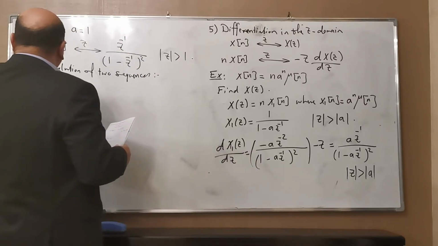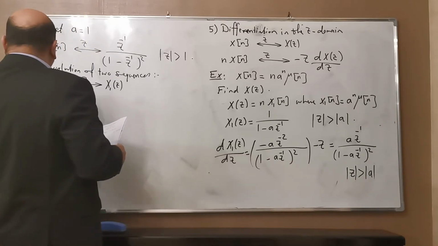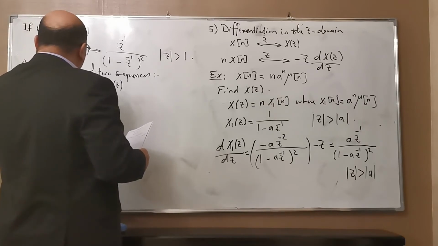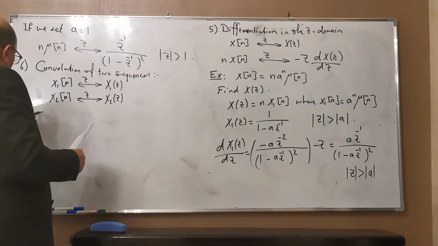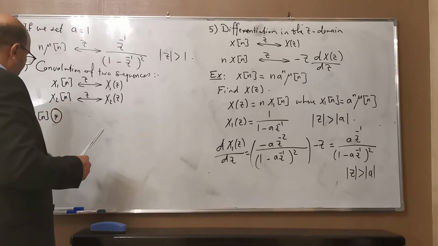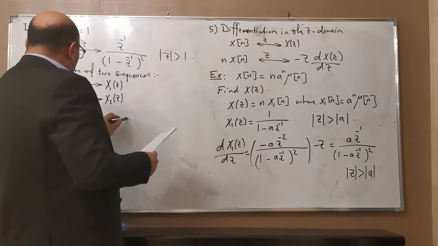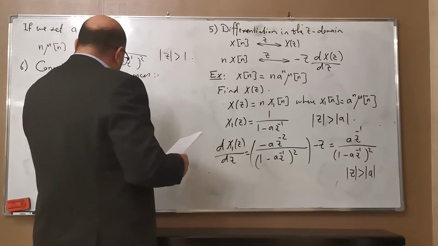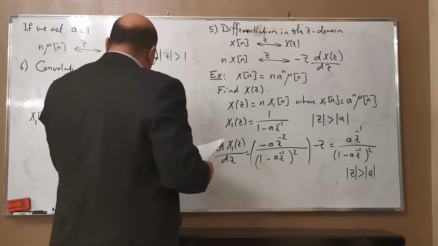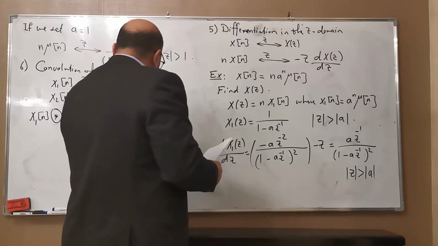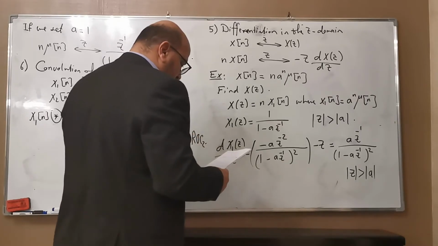If you have x1 of n with the Z transform x1 of Z, and x2 of n with the Z transform x2 of Z, then the convolution sum x1 of n convolve x2 of n, so this is the convolution sum of those two, has the Z transform as the multiplication in the Z domain, x1 of Z times x2 of Z. And the region of convergence is the ROC1 intersection ROC2. Okay?